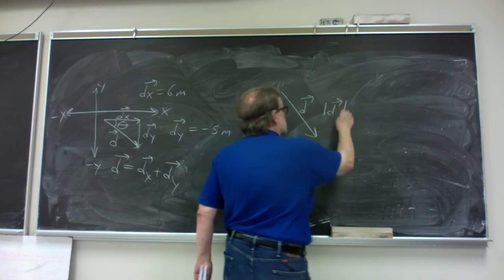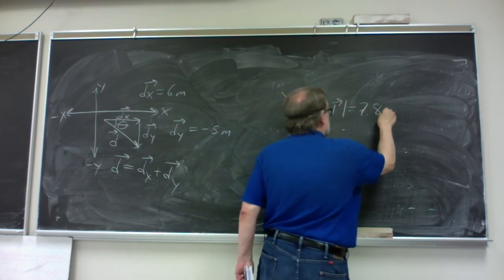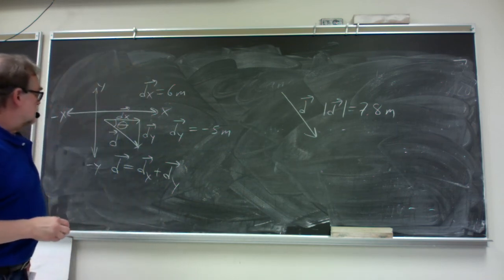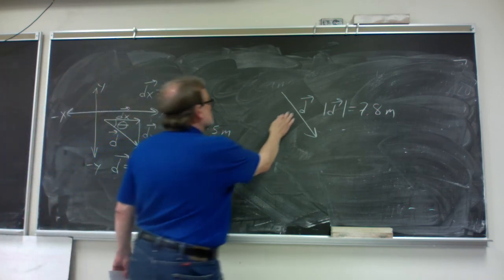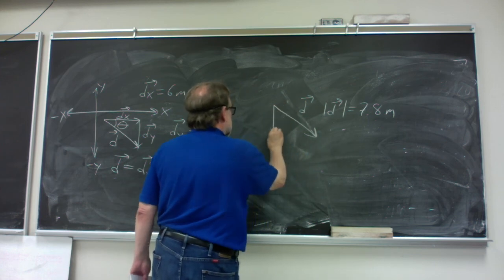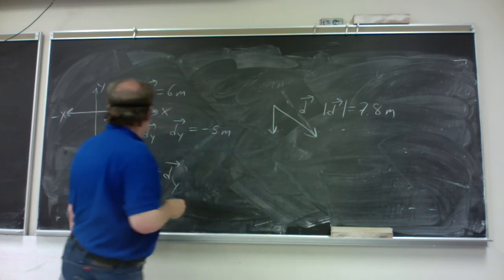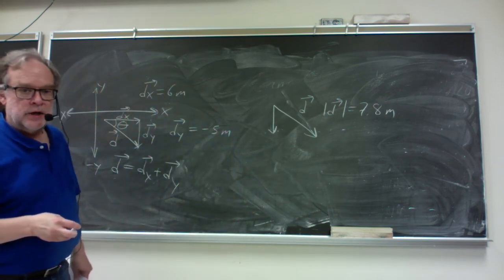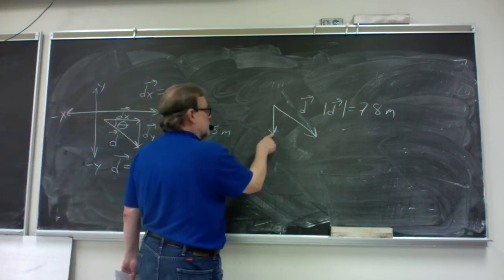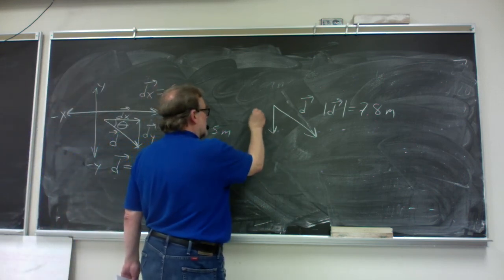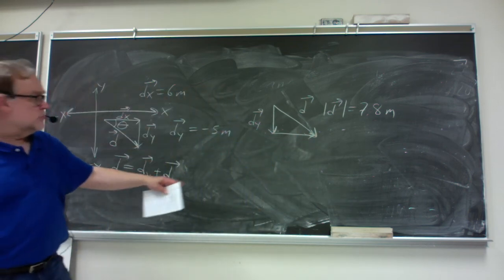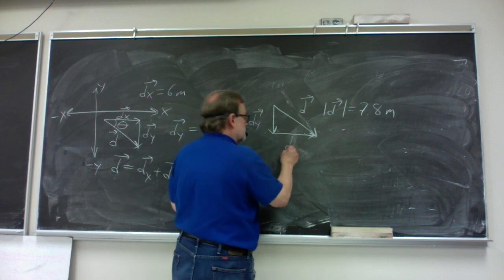D had that magnitude of 7.8 meters, and that involved some motion in the y direction of 5 meters in the negative y direction, and then 6 meters of motion in the positive x direction.